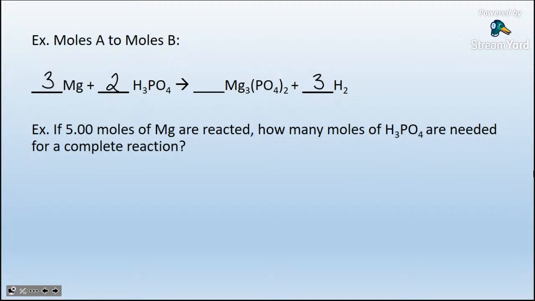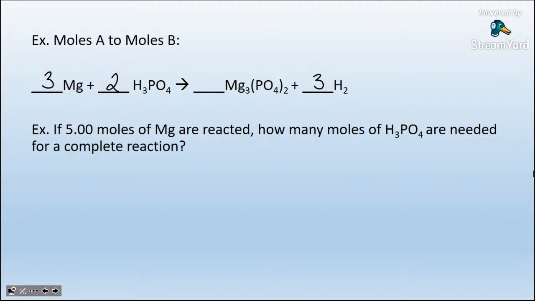And when I look at this, I now notice that, if I envision unwritten parentheses and an unwritten 1 behind that phosphate, I've got 2 times 1 for 2 phosphate groups, and on the product side, an unwritten 1 times 2 to give me 2 phosphate groups. So this is balanced with 3, 2, unwritten 1, 3. So now that I've got that balanced equation, we can look at the actual problem.